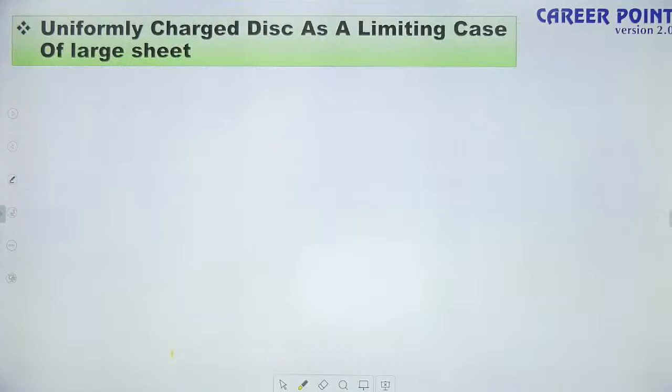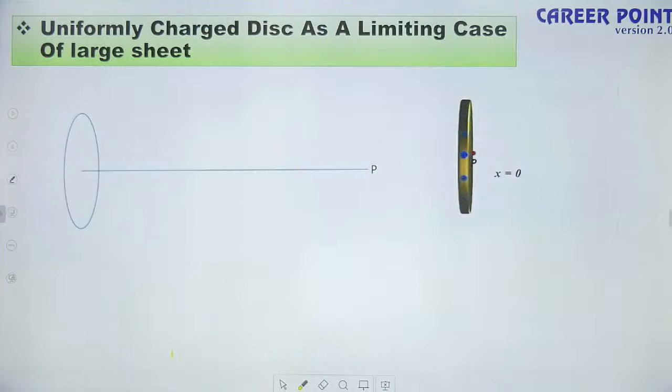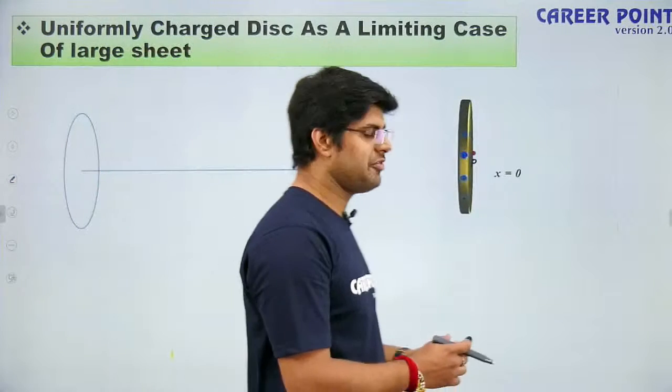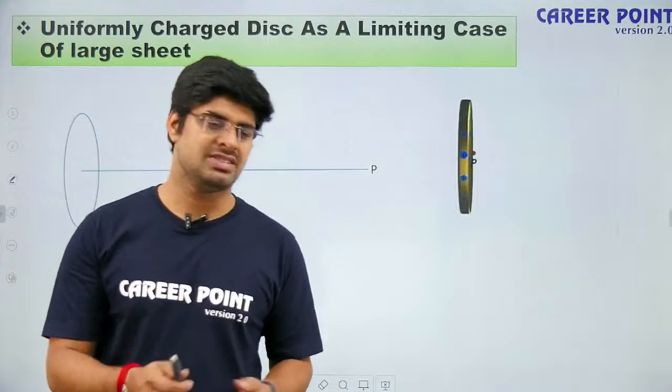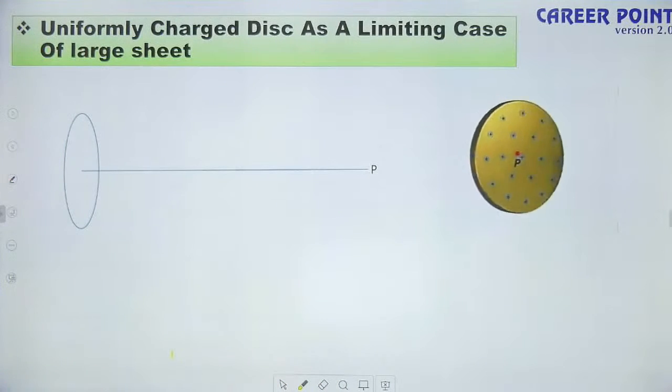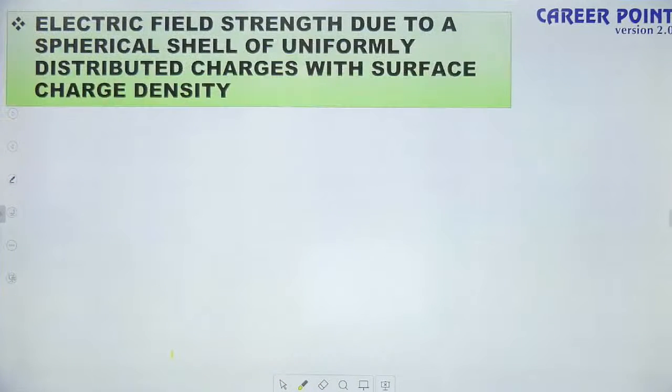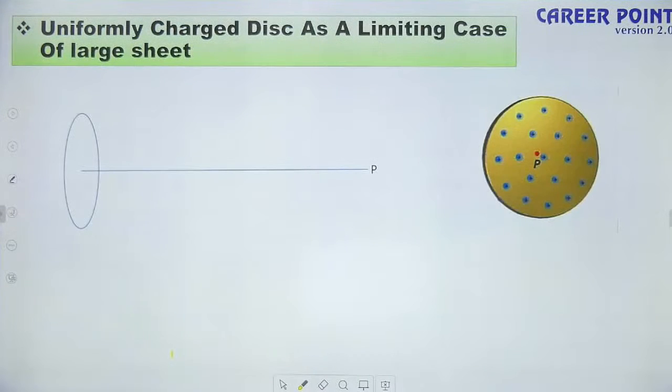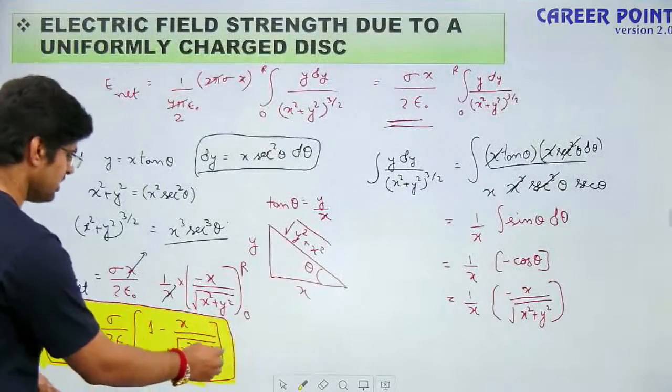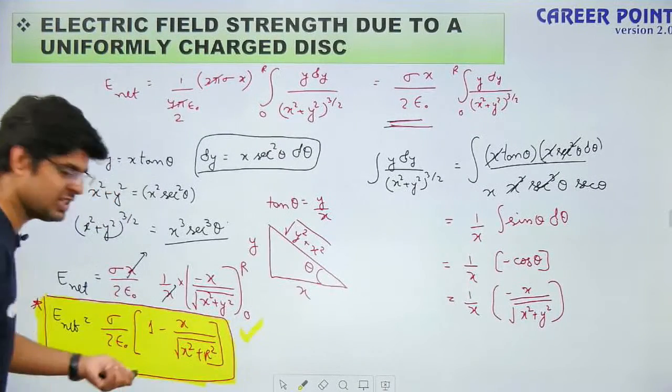Uniformly charged disk as a limiting case of large sheet. So basically what I am trying to say is, see, if I have calculated some value for a disk, what is the value we have calculated? This I have calculated for a disk.